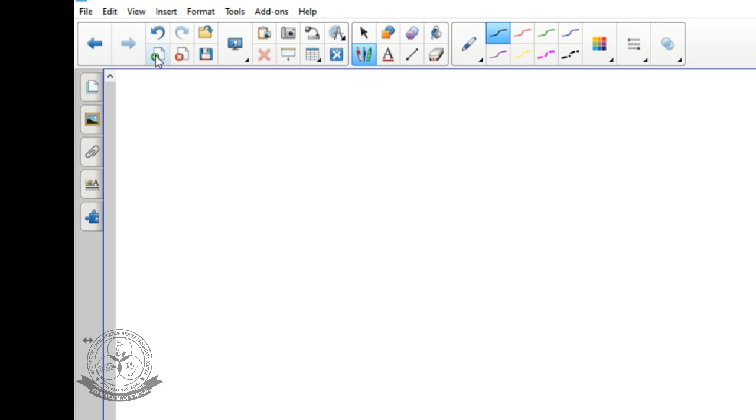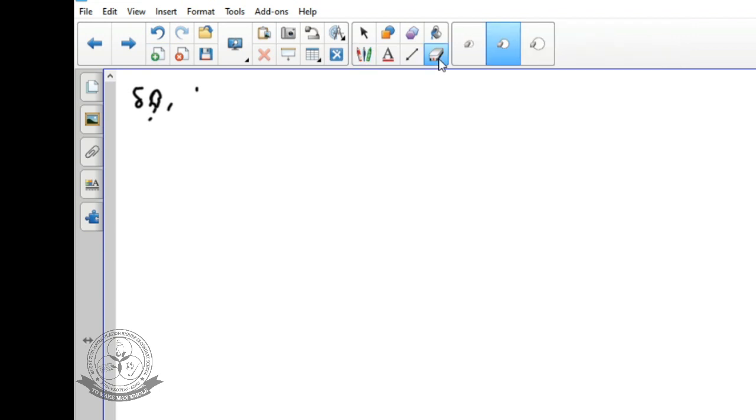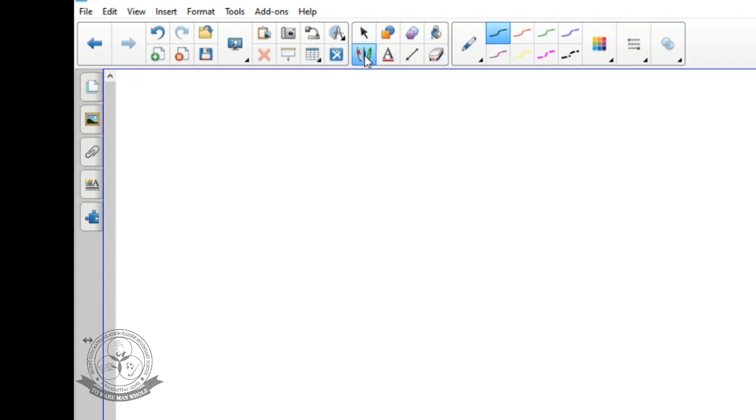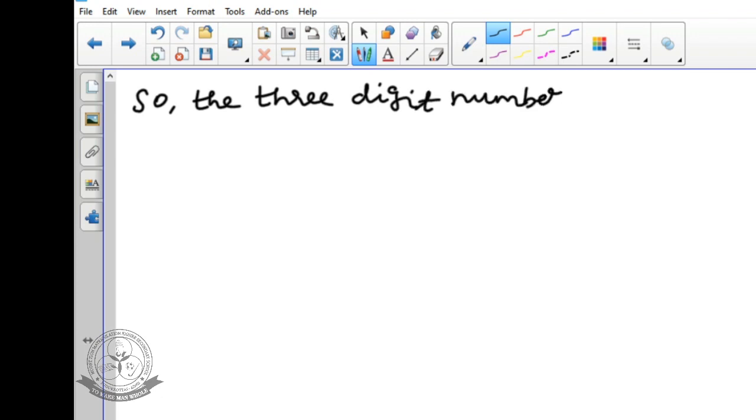Now we know the value of x, y and z. So the 3-digit number is 100x plus 10y plus z. Here you have to substitute the values.